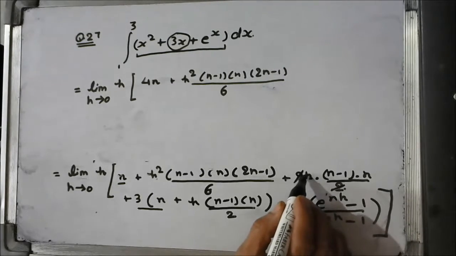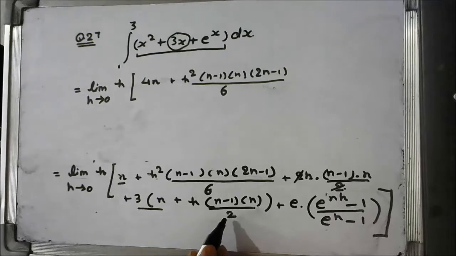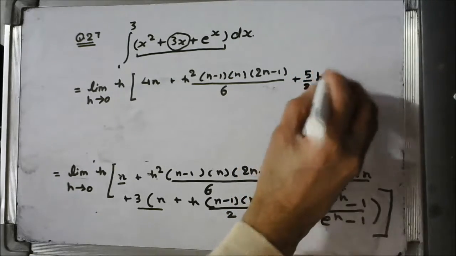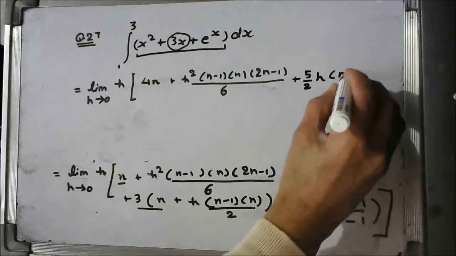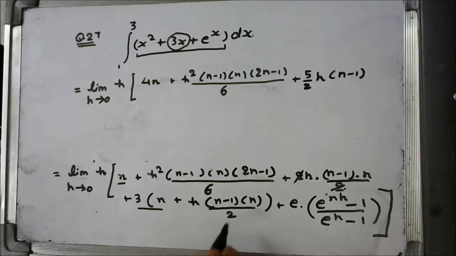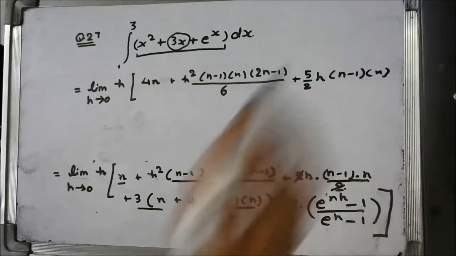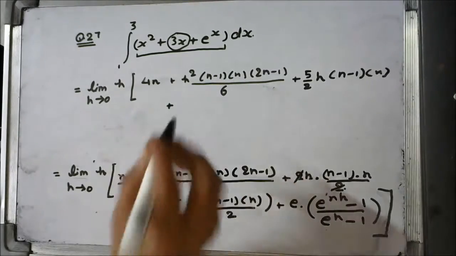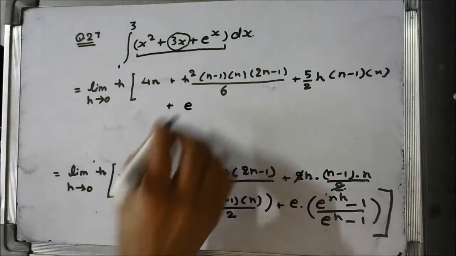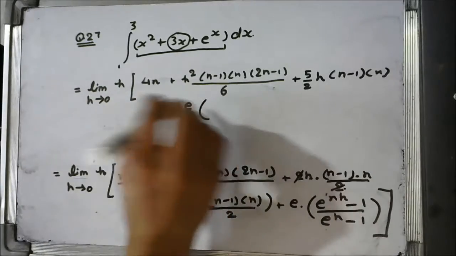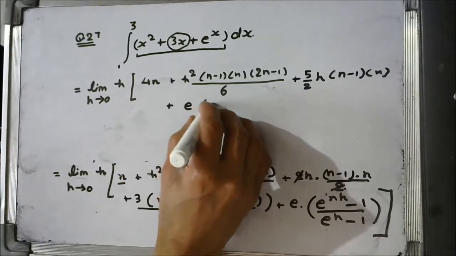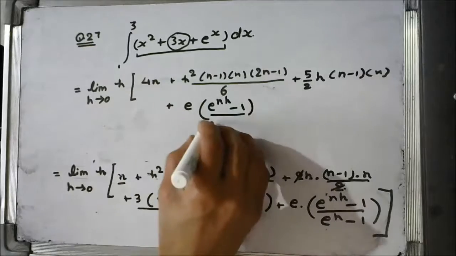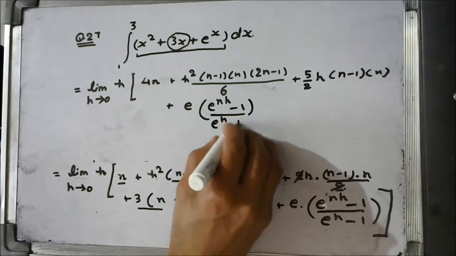So 1 here and 3 by 2 here makes it 5 by 2. So 5 by 2 h into n minus 1 into n. Then the last term, the exponent term, that is already in pretty good form: e raised to the power nh minus 1 divided by e raised to the power h minus 1.